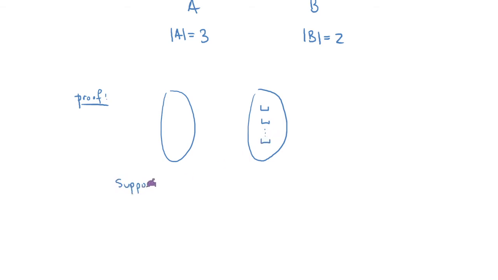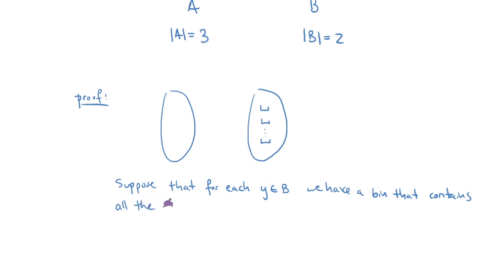Suppose that for each y in the codomain B, we have a bin that contains all the elements x from the domain A such that f of x is equal to this y.